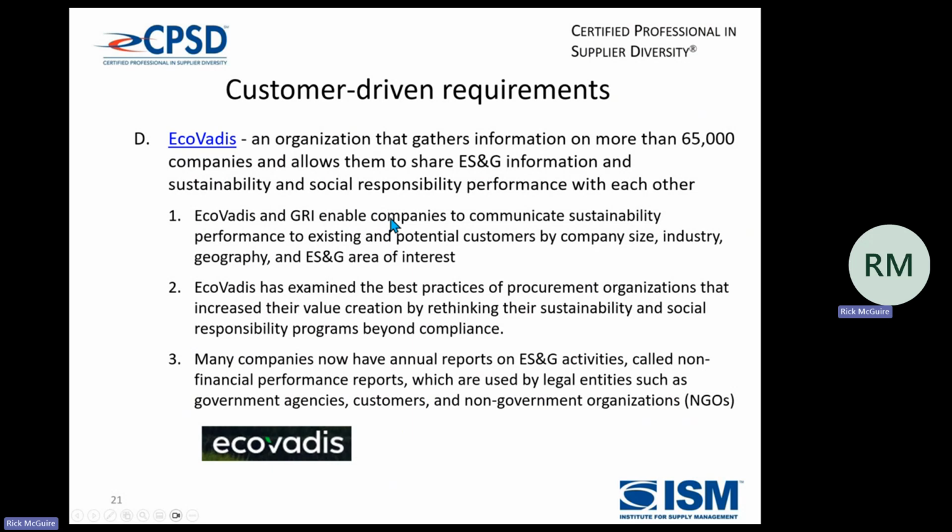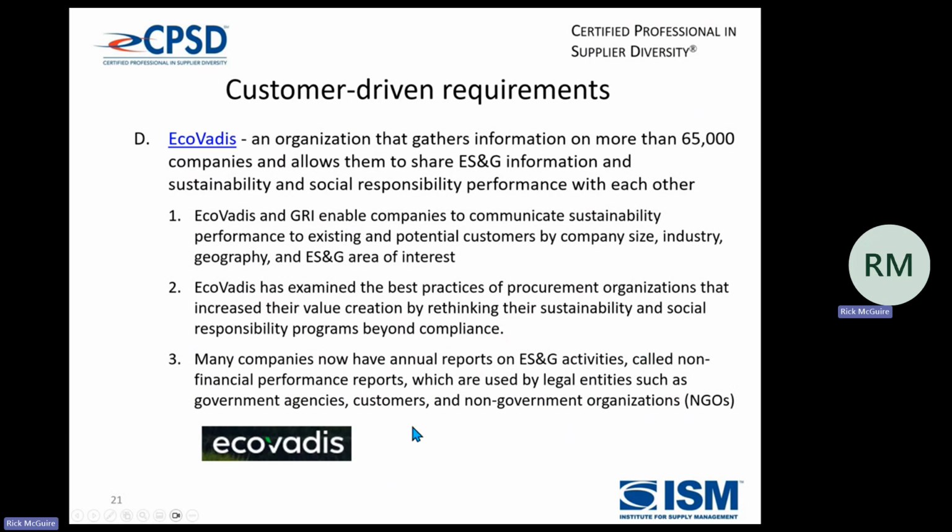EcoVadis is an organization that gathers information on more than 65,000 companies and allows them to share ES&G information and sustainability and social responsibility performance with each other. So EcoVadis and GRI enable companies to communicate performance and industry, company size, etc. EcoVadis has remained the best practices of procurement organizations that increase their value creation by rethinking their sustainability and social responsibility programs.